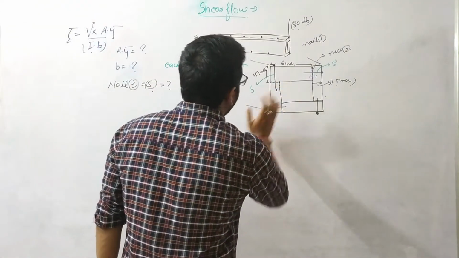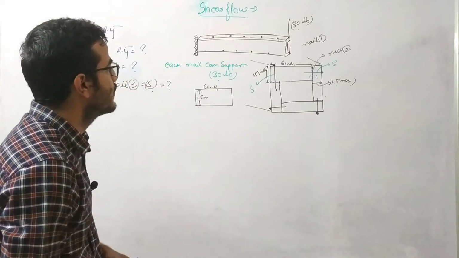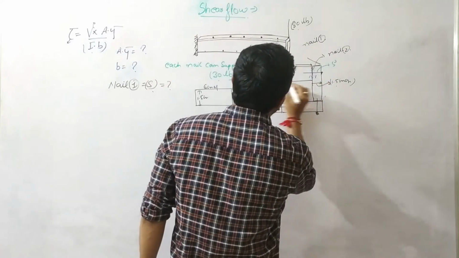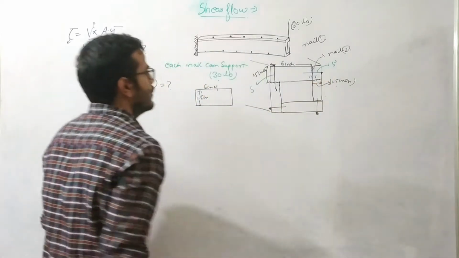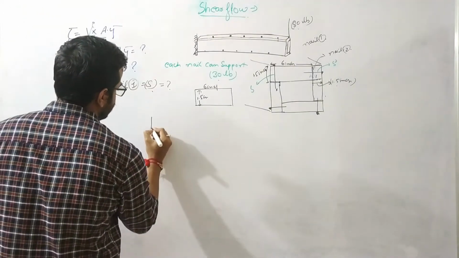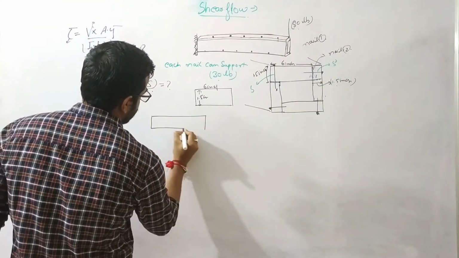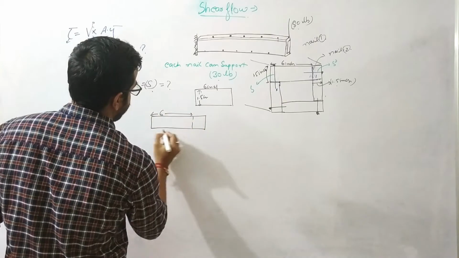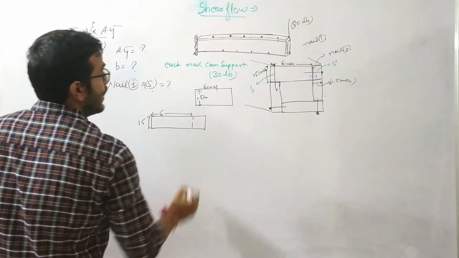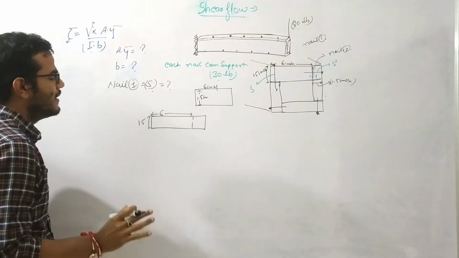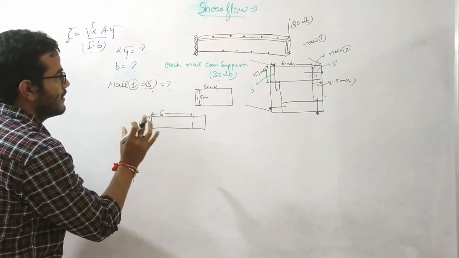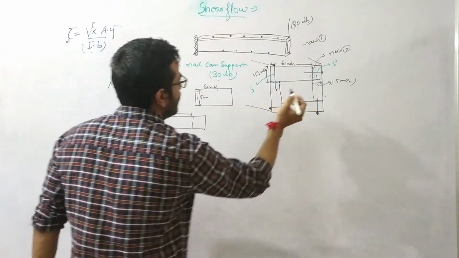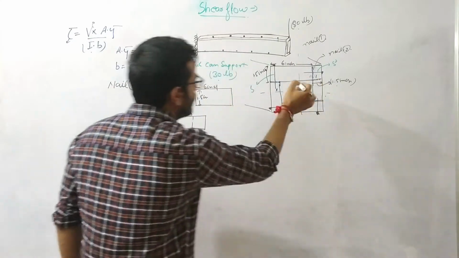For calculating the shear stress at this point, this is the most important thing: I need to make one cut over here at the same level, and I will analyze this portion. What I meant by this statement is that if I need to calculate the shear stress at this point, note that this figure and this cross section are symmetrical about both axes.